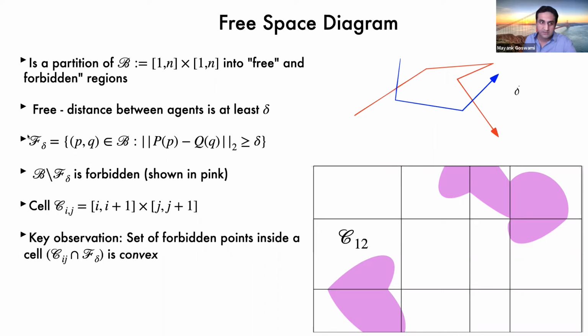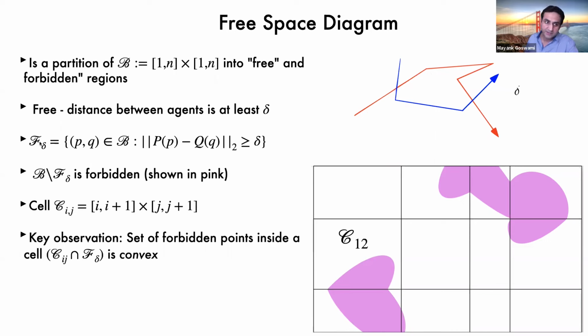So this is the free space, and it's the set of all points PQ where, if the first agent is at point P and the second agent is at point Q, then they are at least delta apart. These vertical lines are basically showing where the edges of these curves are ending. So one line segment here corresponds to one line segment on the curve.